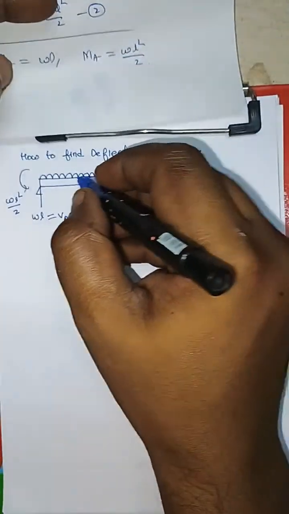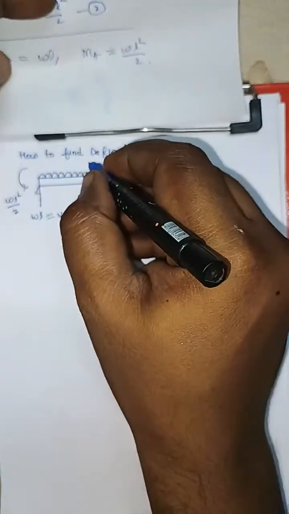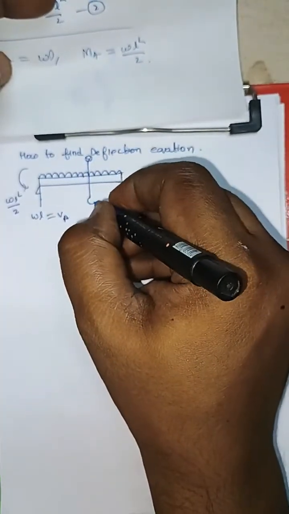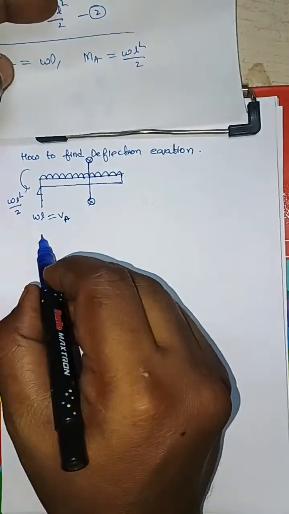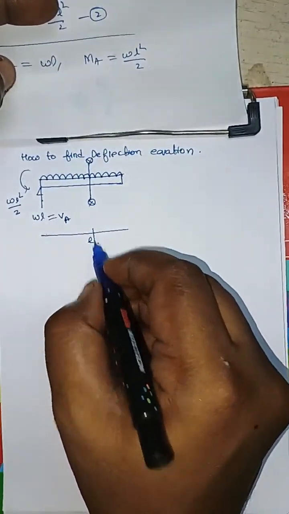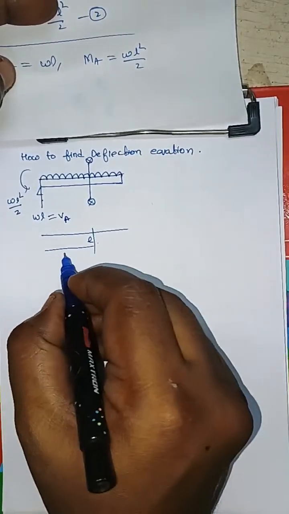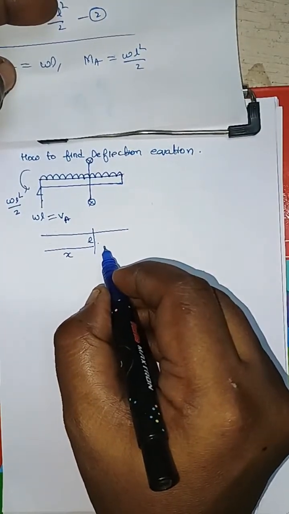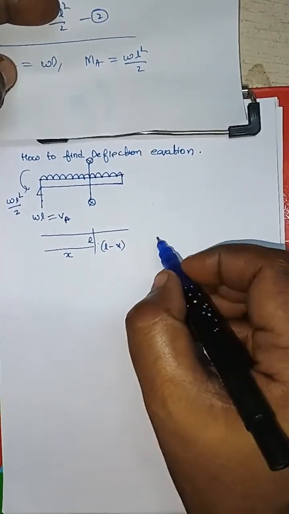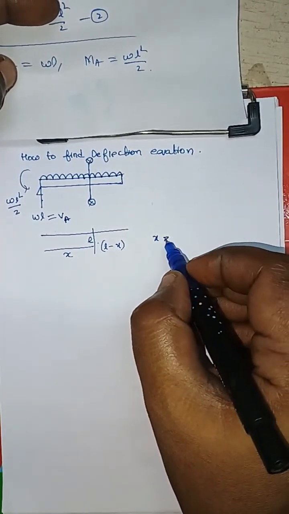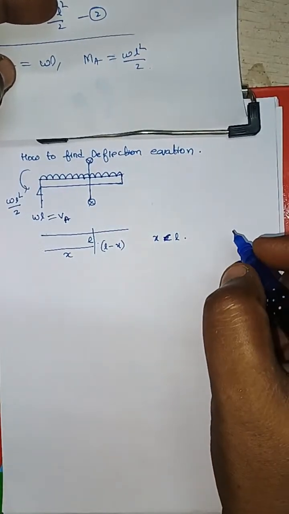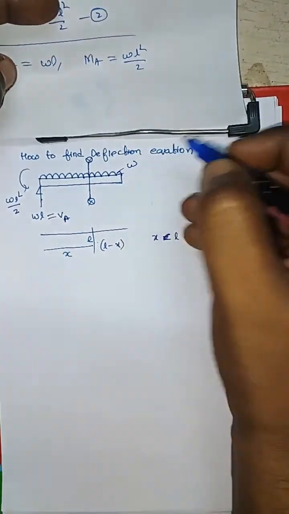So now how will you make a section? Let us take a section over here. Remember that this whole length is L. If you make a section over here, this part of the section is x and this part is L minus x. Think that x is less than L.